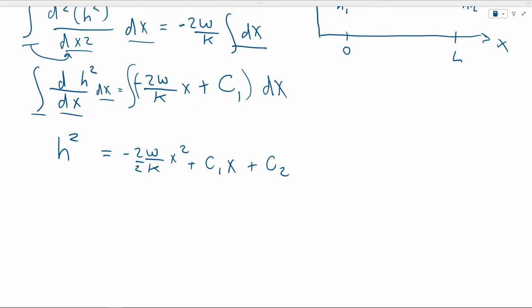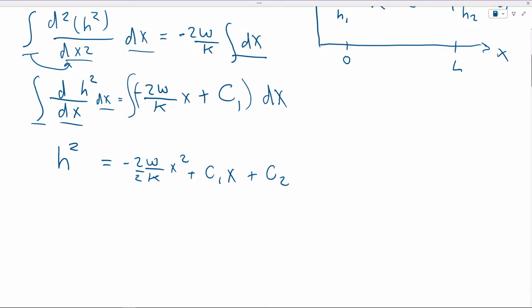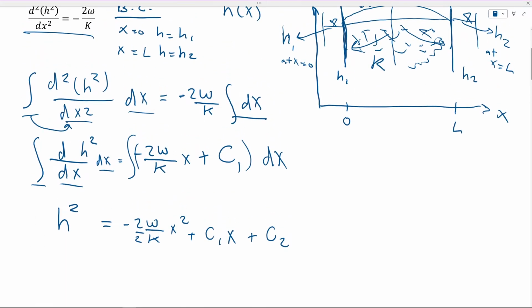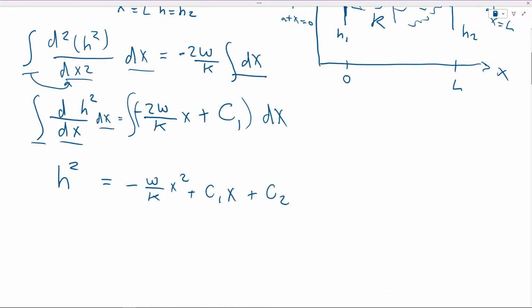Okay, so we have an equation that now looks something like this. So we are done. Let me clean this a little bit. I can remove this with this. So I have an equation that looks something like this. We are almost done. We just need to substitute for our boundary conditions.